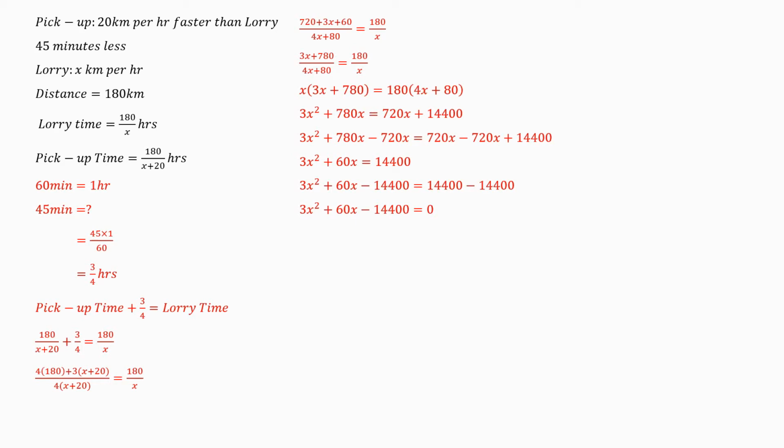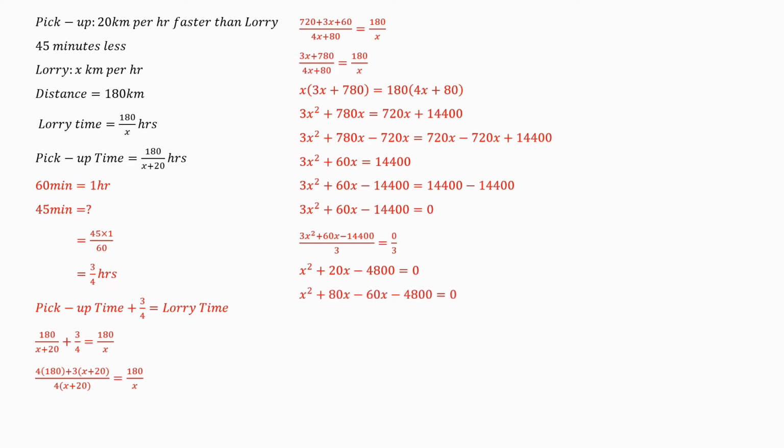We can simplify this further by dividing both sides by 3. So we have x squared plus 20x minus 4,800 is equal to 0. Then to solve the equation, we can use the factorization method, and the factors of negative 4,800 whose sum is 20 are 80 and negative 60.